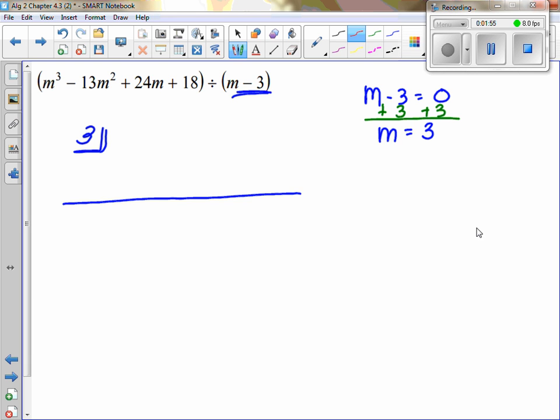Okay, now the next thing we're going to look at is what's being divided, this here. Is this in standard form? Yes, the biggest exponent is 3, so we have m cubed as the biggest one. Then do we have m squared, m, and a number? Do we have anything missing? So that's what's going to go here.